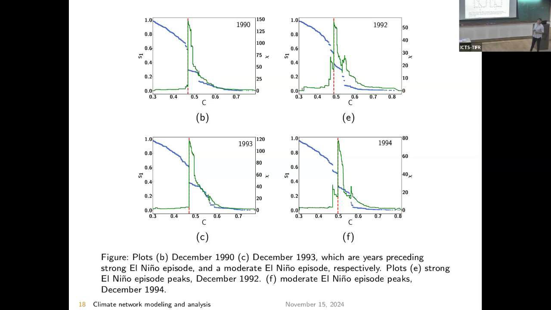So here you see one indicator year, and there you see the next year is actually the El Nino. The indicator years themselves have certain signatures in the susceptibility as well as in the order parameter. In fact, the most important feature is a very strong jump in the change in susceptibility. That really means one full year before the El Nino comes.